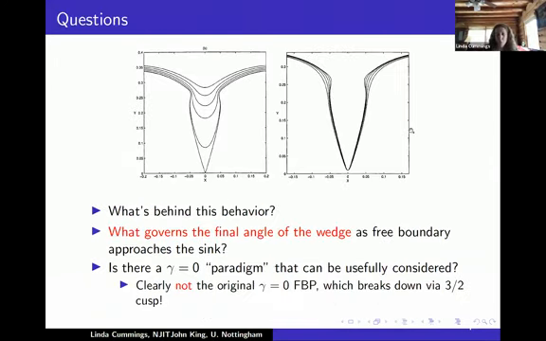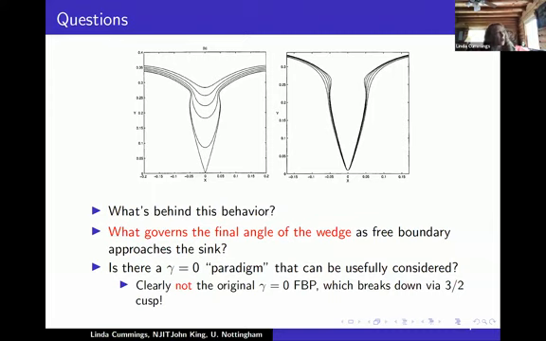So to go back to the problem we're looking at, there are a number of questions raised by this type of behavior. The first question, of course, is what's behind this behavior? I don't really want to talk about that initial divergence from the exact zero surface tension solution. That is something that Saleh Tanveer could tell you much more about with his theory of daughter singularities.